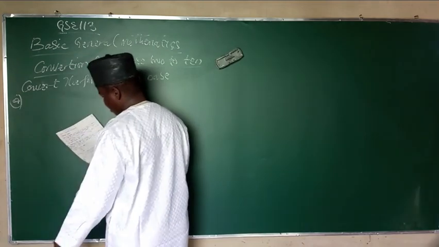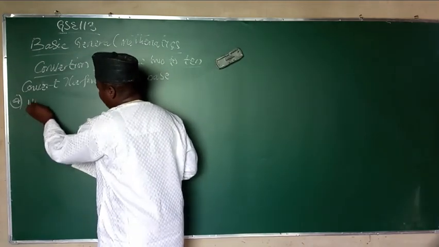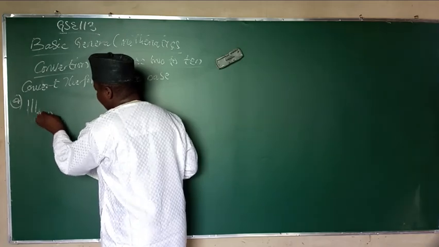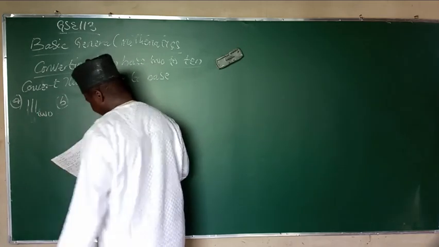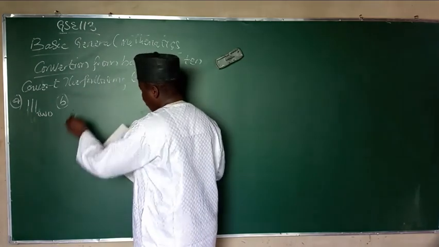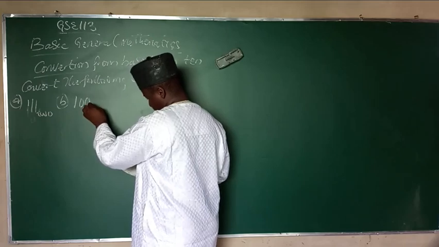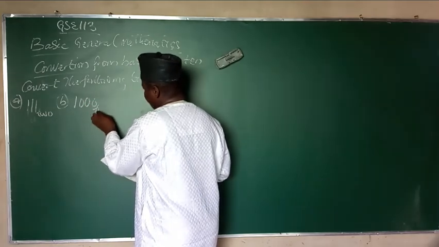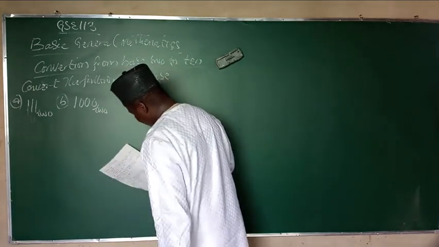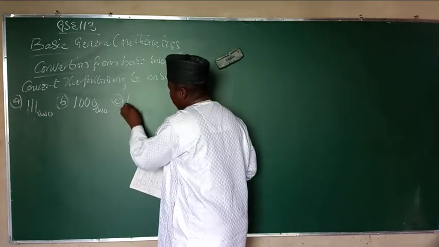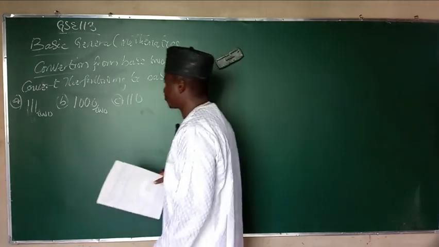A, 111 base 2, B, 1000 base 2, and of course C is 110.